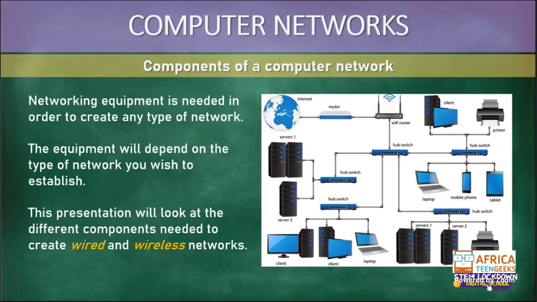The hardware or components needed for a network depend on what type of network you want to establish. We are going to look at two types of networks, which are wired and wireless networks.